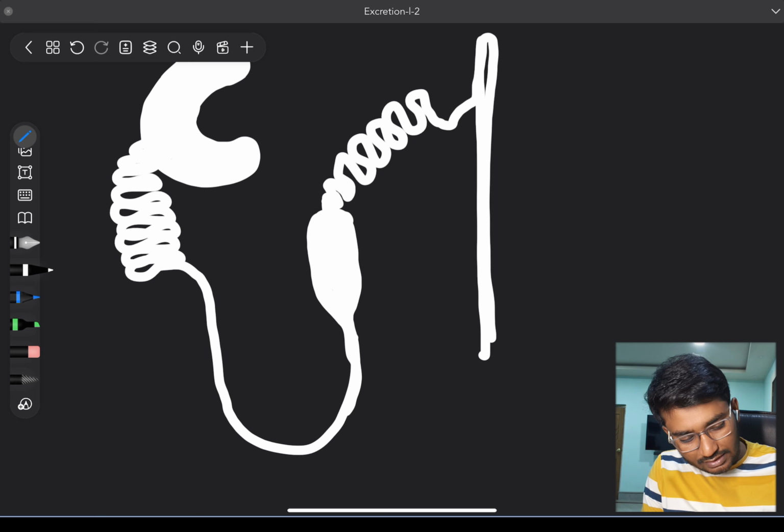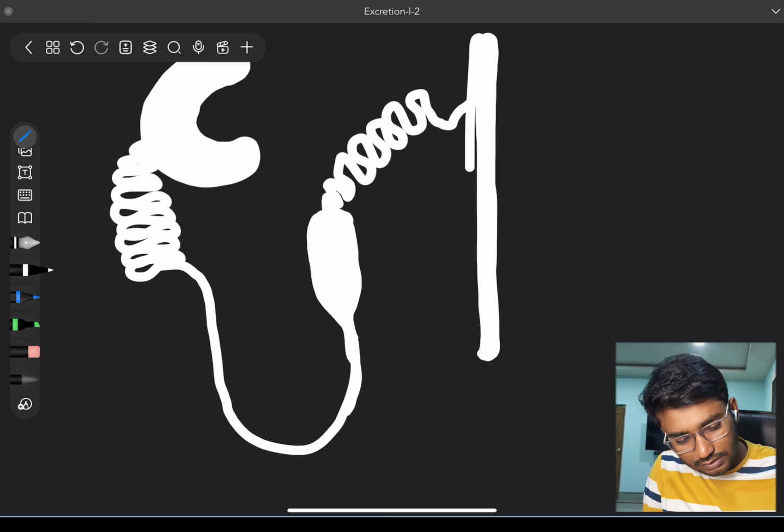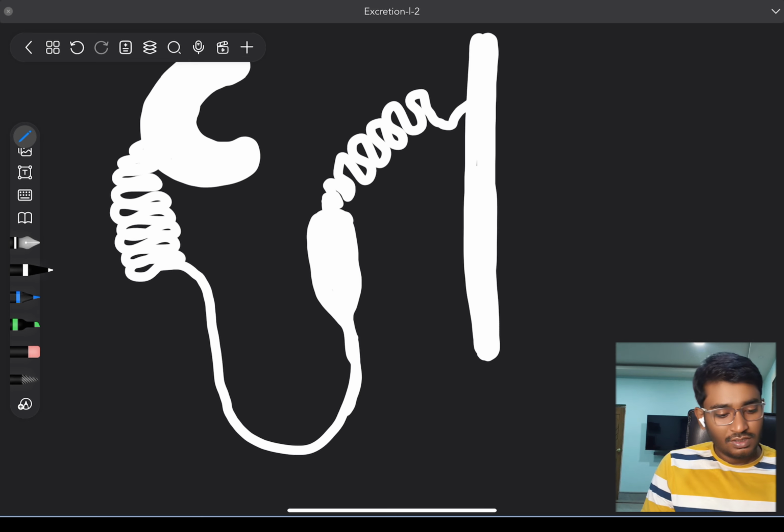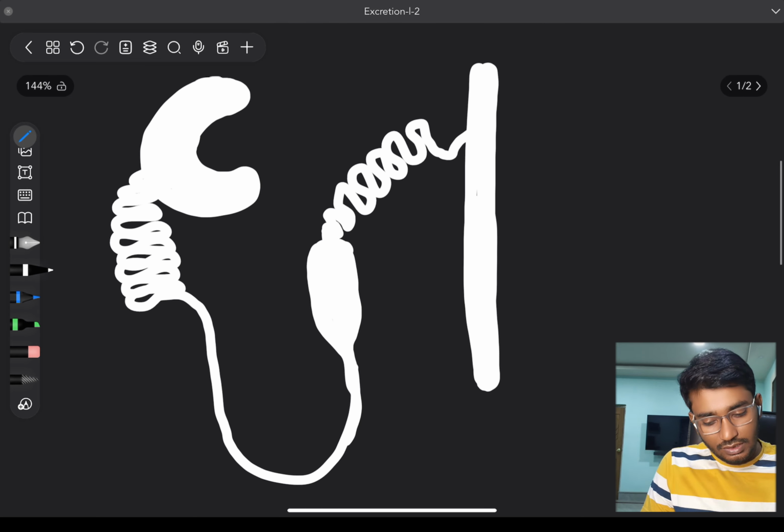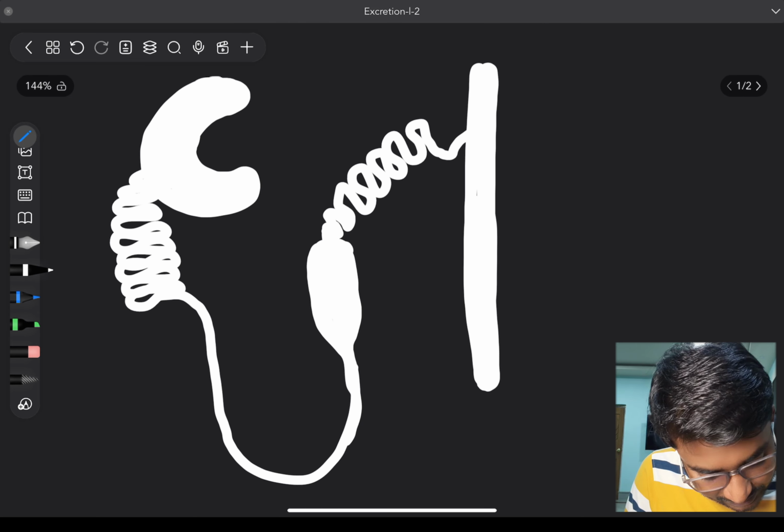This is the collecting duct. What happens? This is the DCT.